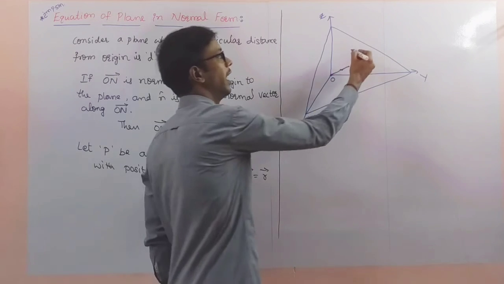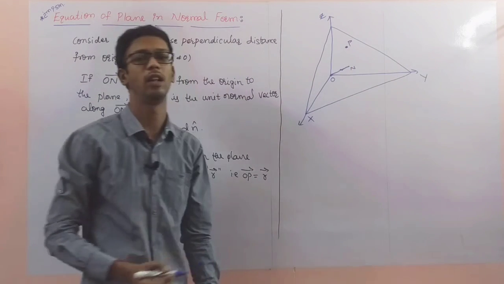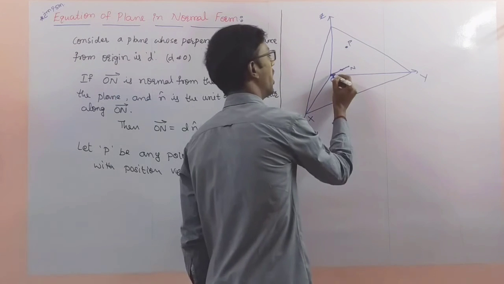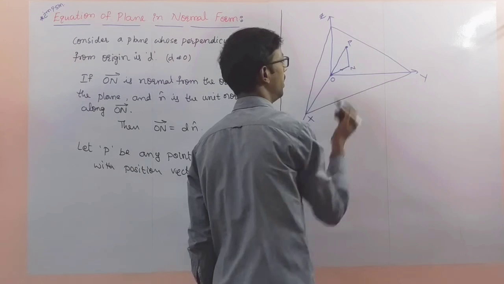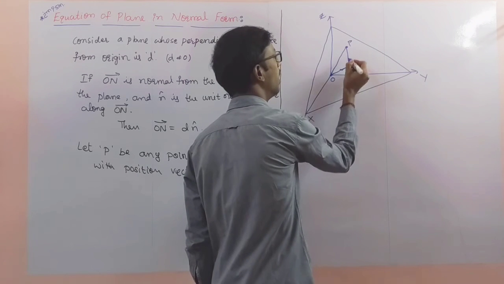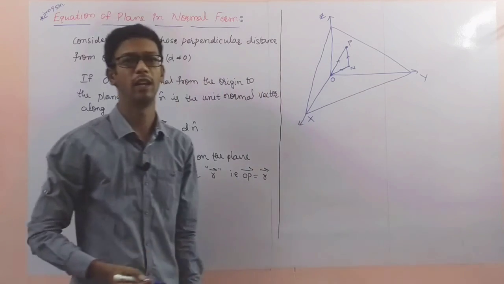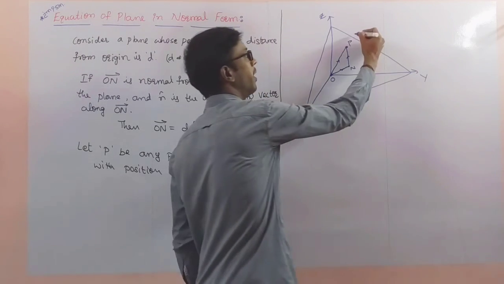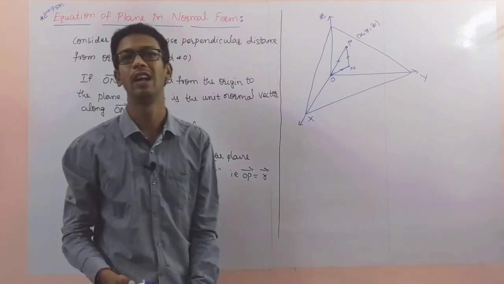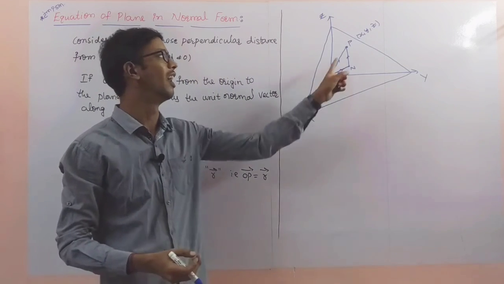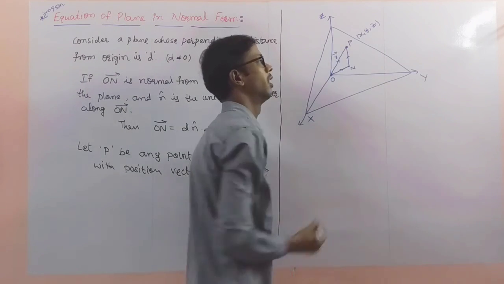And P is any point in the plane. Now join OP and NP. The point P I am taking as (x, y, z), a common, arbitrary point. OP bar equals r bar.